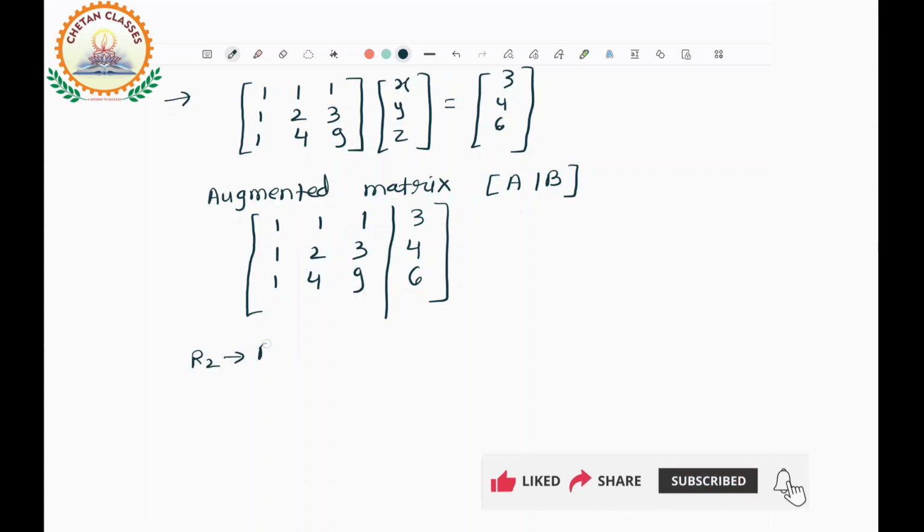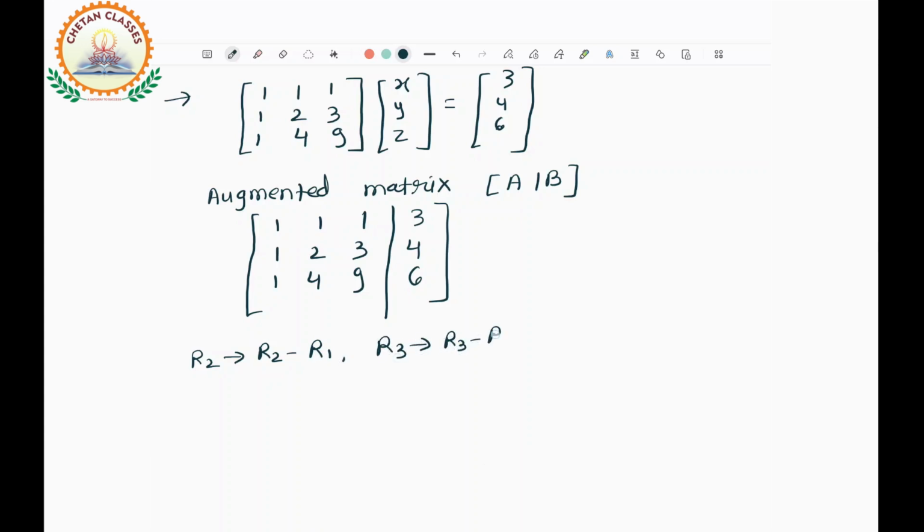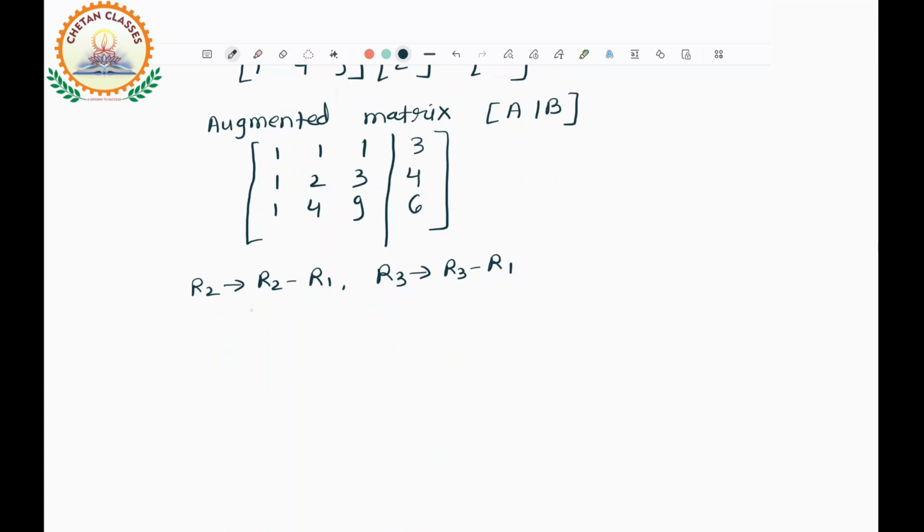So R2 tends to R2 minus R1 and R3 tends to R3 minus R1. So we get here first row as it is, second 0, 1, 2 and third 0, 3, 8.